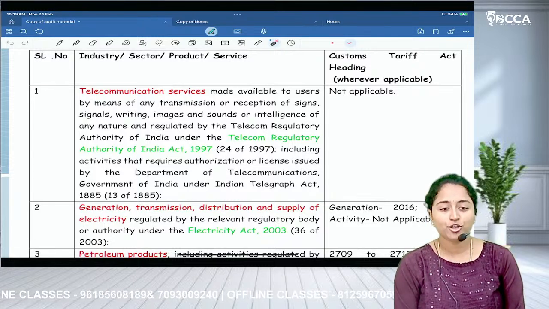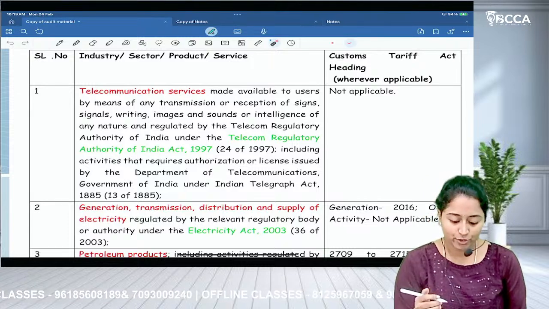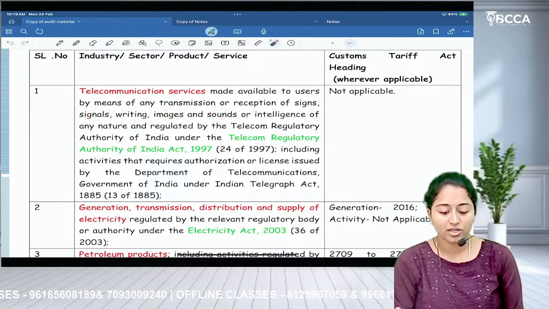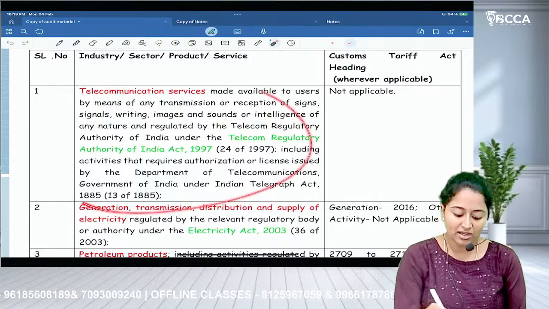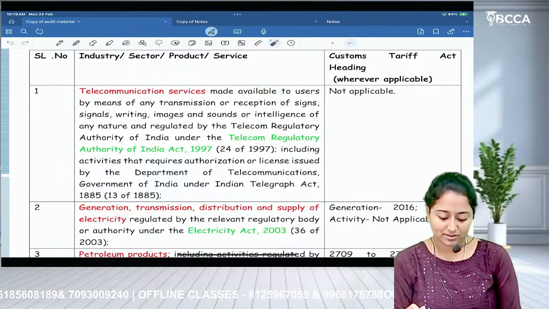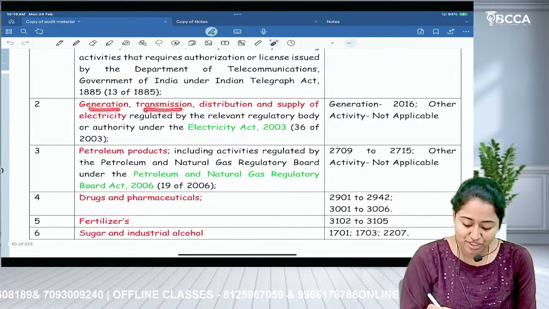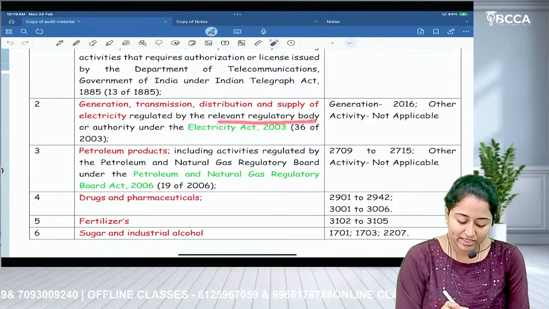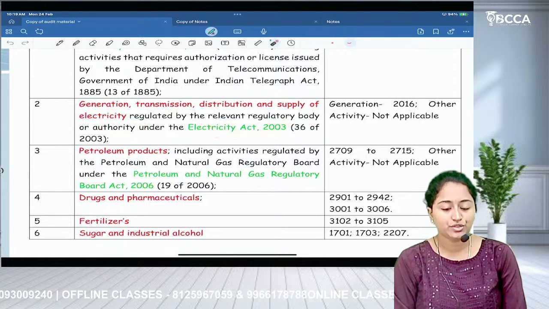So, telecom services, whatever it is, it could be just a call, a signal, writing, image, sound, which are regulated by the Telecom Regulatory Authority of India. Those are regulated sectors. Next, generation, transmission, distribution, supply of electricity regulated by the relevant regulatory body or authority under the Electricity Act 2003.